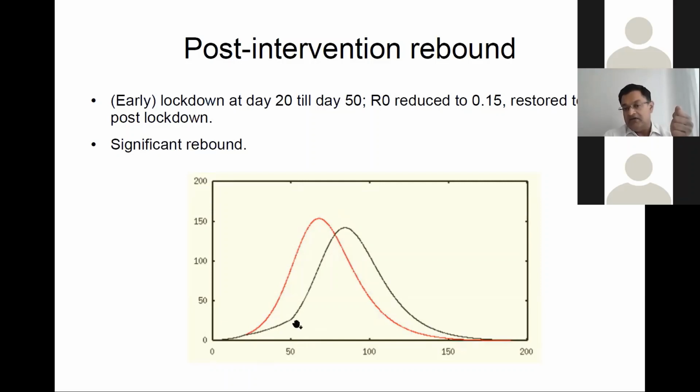You stay locked down for 30 days, and then you go back to the pre-lockdown condition. During the lockdown, you had lowered growth, but as soon as you remove the lockdown, there was a rebound. So you've delayed the peak, but you've done very little in terms of flattening the curve, lowering the peak infection rate. So there's a significant rebound in this case.